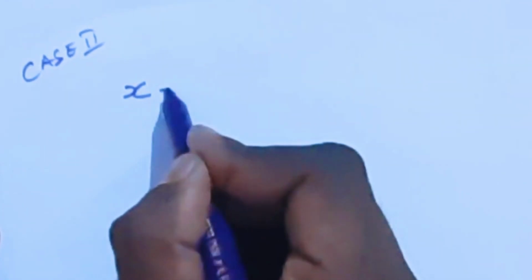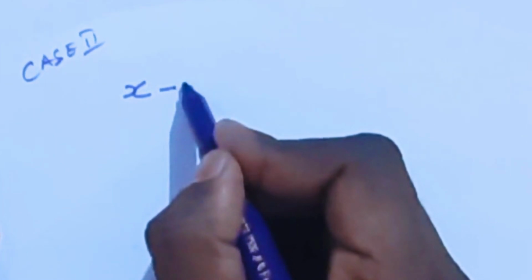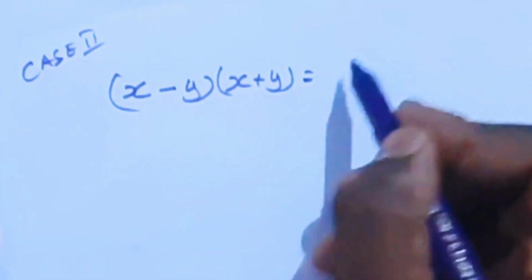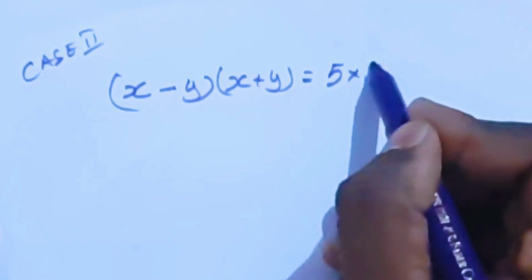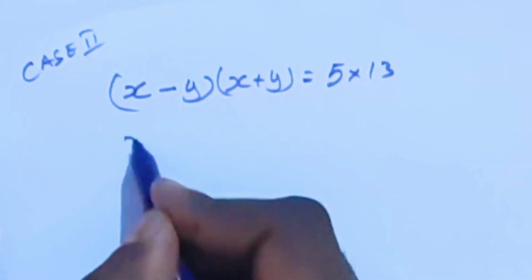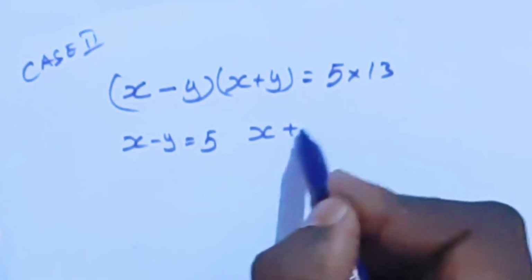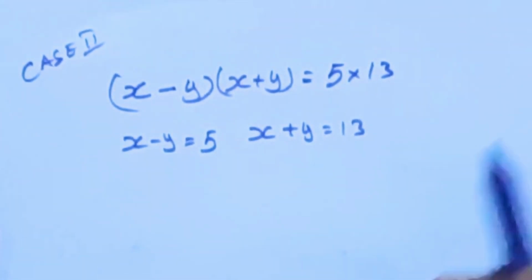Case 2, (x minus y)(x plus y) equal to 5 times 13. So x minus y equal to 5, x plus y equal to 13.